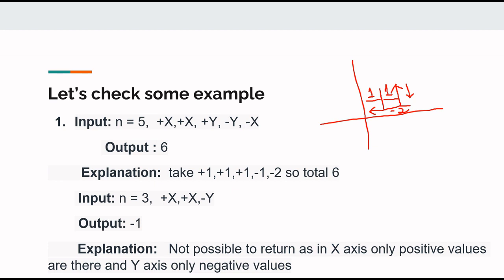Even though I am taking at least one, I have to take. So even though I am taking one, it will go to the right side of the x axis, and for y at minimum, if I am taking one, it will go down at least one. So it will end up at 1, minus 1 position, and no way I can take it back. So I will return minus 1. So I guess the question is clear to you.